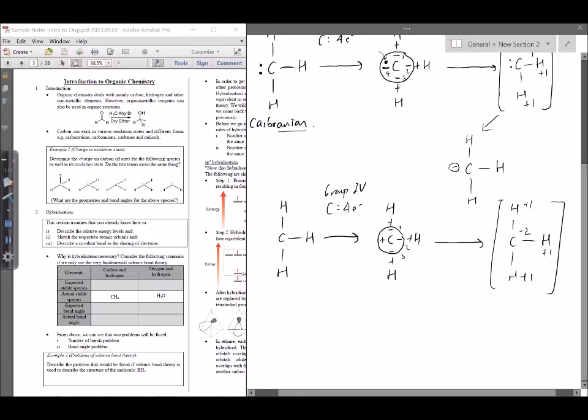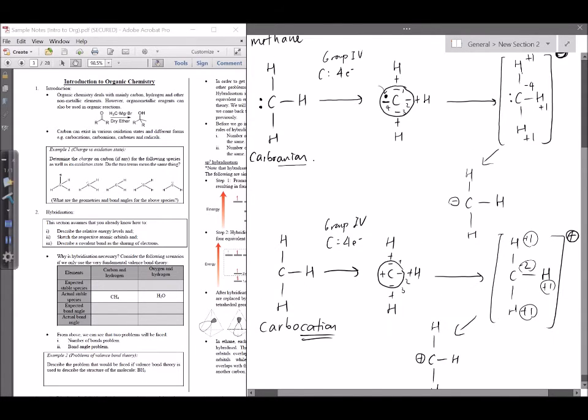So +1, +1, +1, -2 will give you a net charge of +1, right? And sometimes chemists do this by allocating the positive charge on carbon, right? So you have this species with a net charge of +1, and this is commonly known as a carbocation, right? Now compare this carbocation with this carbanion. The main difference between them is that for the carbanion, it is a negative charge, while for the carbocation, it is a positive charge, right?